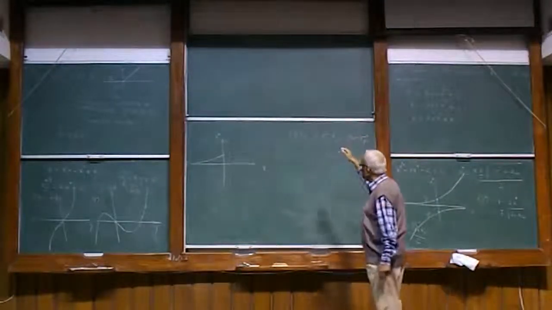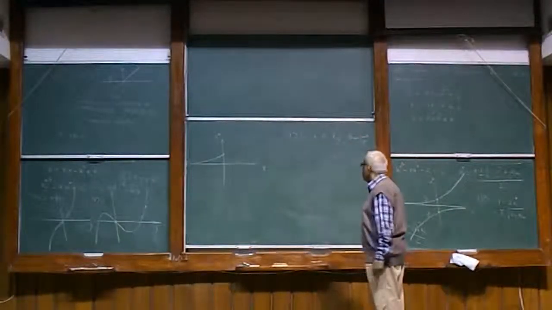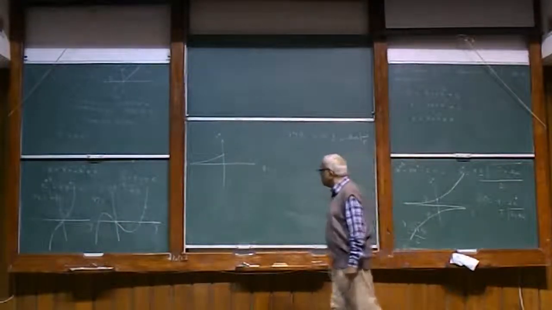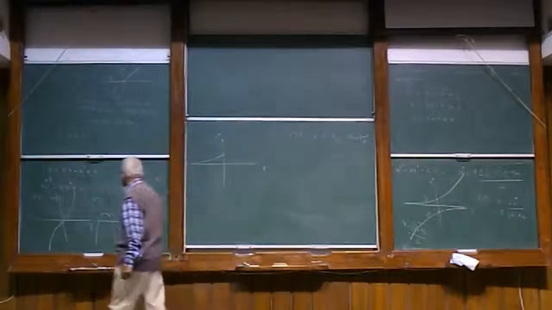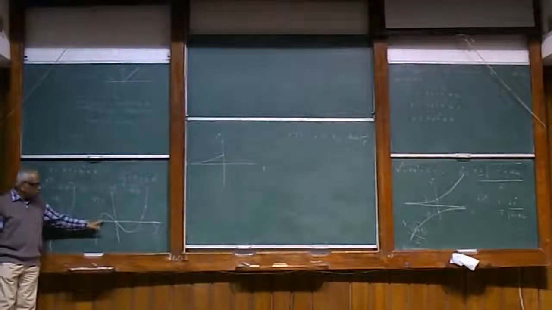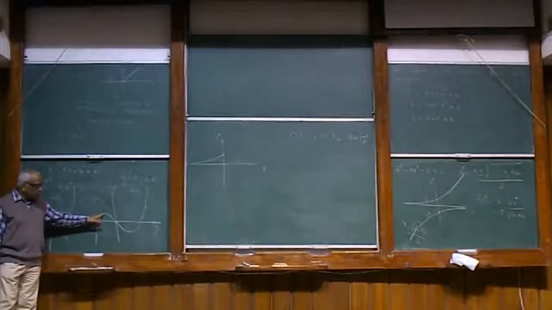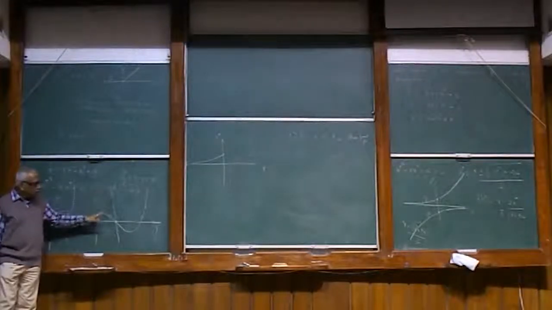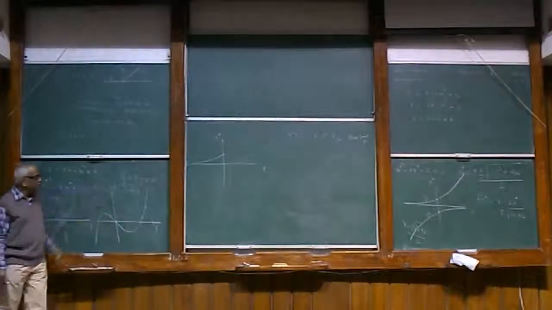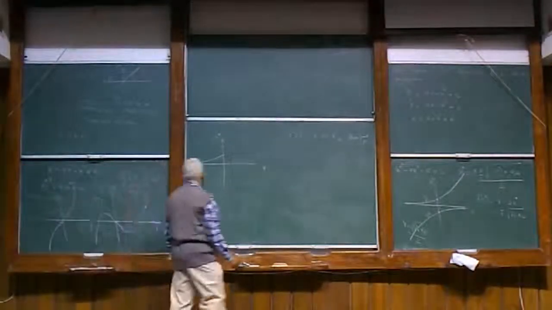So what is this critical value? The critical value of epsilon is the value of f of y at this turning point over here. So f of y at this point has a zero derivative, and I want to find epsilon critical.